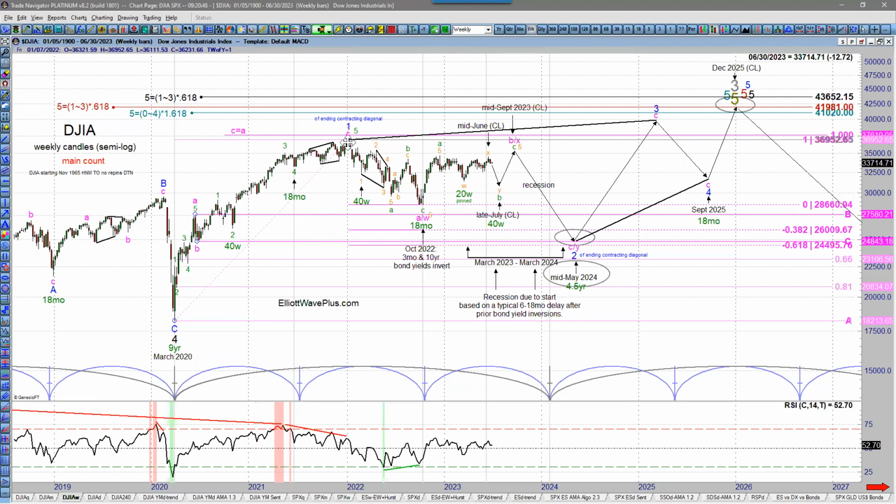And by the time the Dow Jones Industrial Average topped in January of 2022, that pink wave C was very close to being equal to the wave A, a fairly common expectation in traditional Elliott wave, where an ABC zigzag subdivides as a 5, 3, 5 structure, and wave C is approximately equal to wave A. So that target was right here, and you can see how very close it came to that target.